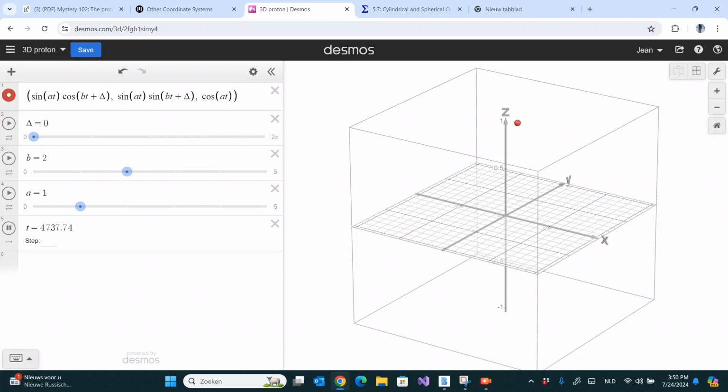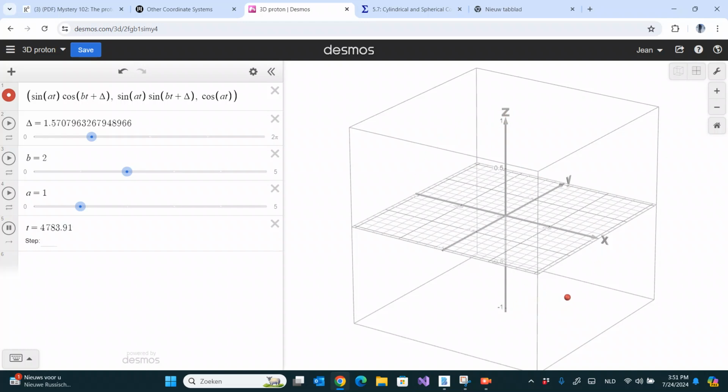And then an easy frequency formula where you say the angle changes at a certain frequency A times the time, and the other angle changes at a certain frequency B times the time plus a phase difference, a delta, which is equal to pi over 2 or some other angle in between.